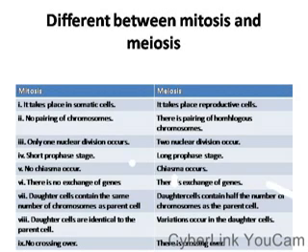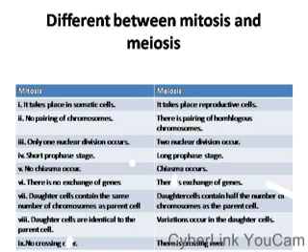I told you the reason for that at the beginning of this class. If you look at the daughter cells, in mitosis they are identical to the parent cell, but in meiosis, variation occurs in the daughter cells.